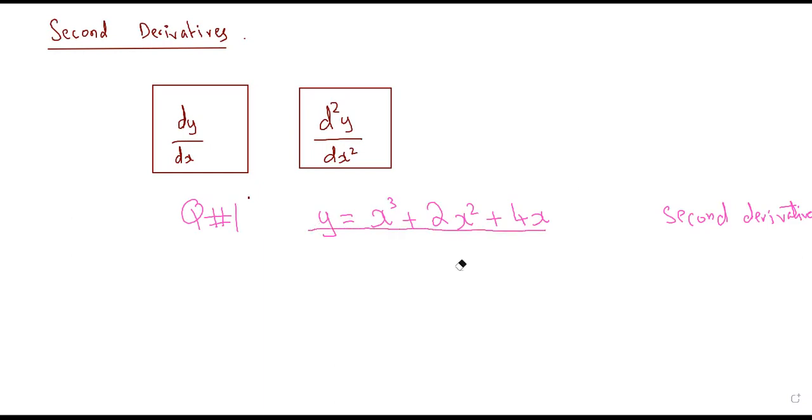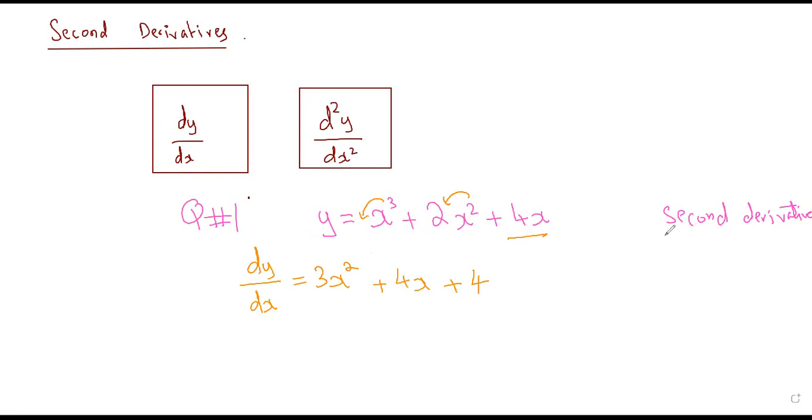How do you do it? So it is going to be dy by dx. That is, how do we differentiate this? 3 is going to come here. 3x squared. 2 would be multiplied with the coefficient, that is 4x plus 4.